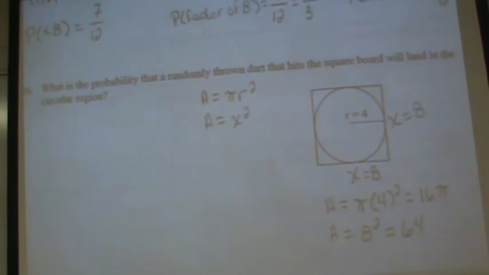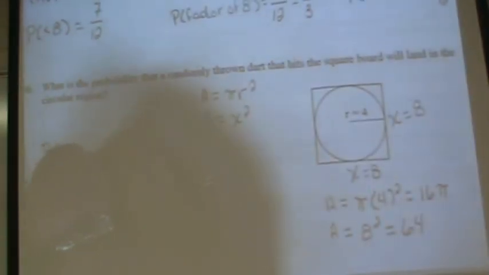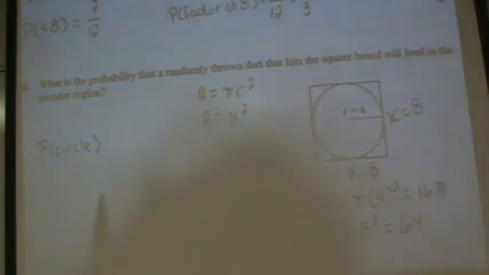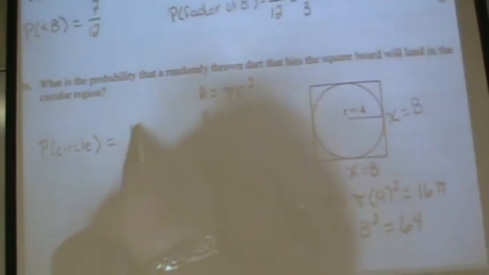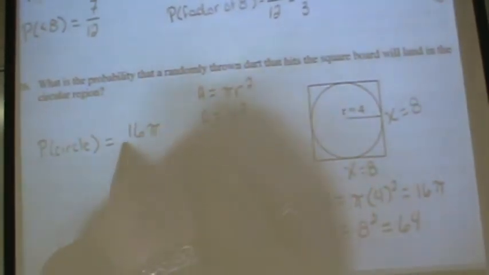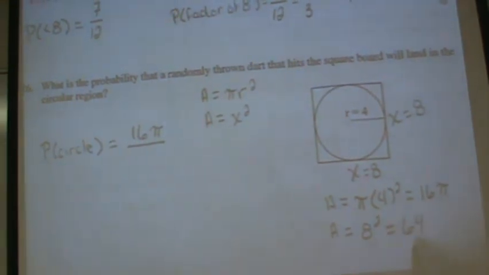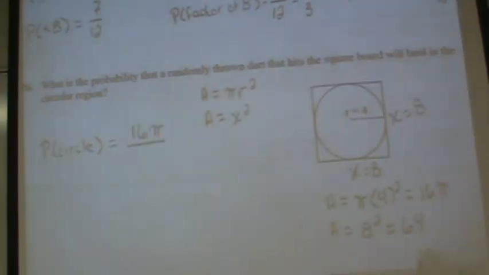So now to find the probability that it'll land in the circle, we take the area of our circle, which was 16 pi, and we divide by our entire area, which was 64.